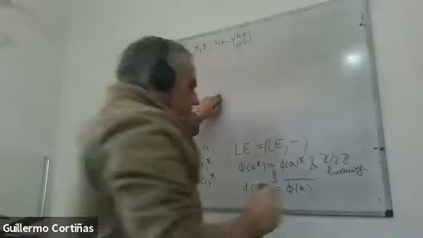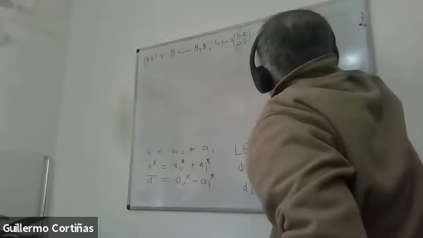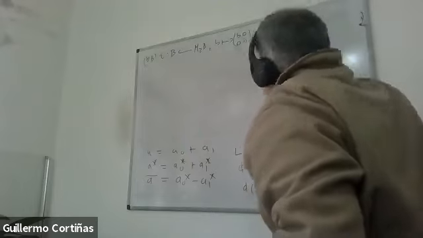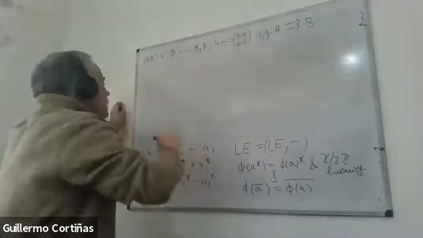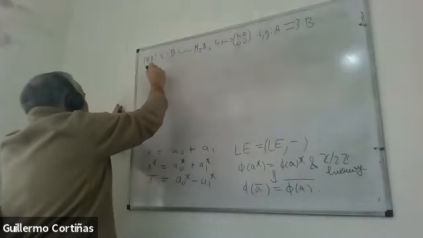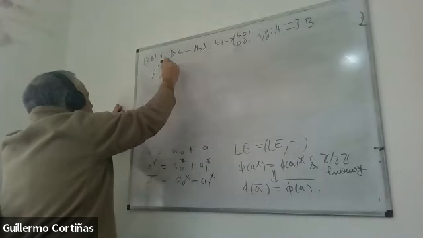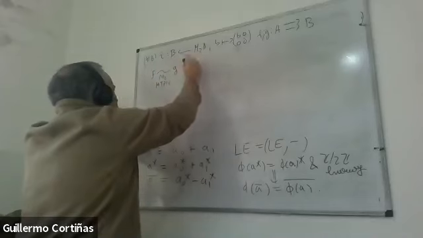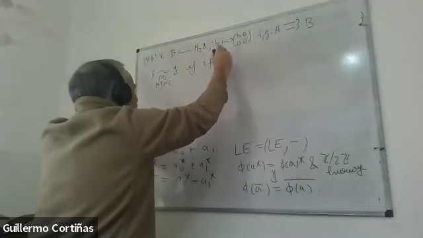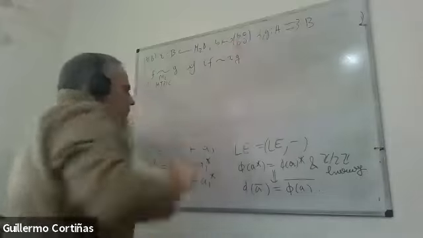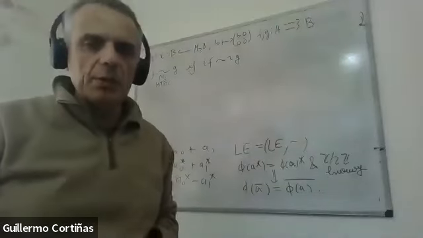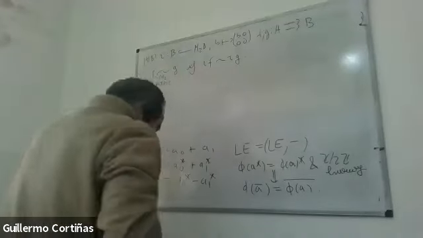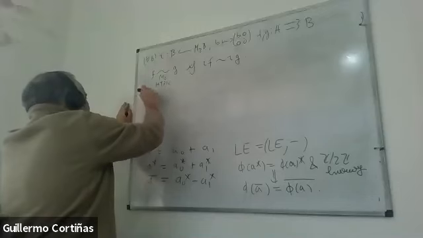And if I have two homomorphisms from A to B, I will say that F is M2 homotopic to G if iota F is homotopic to iota G. And when I write homotopic, I mean polynomially homotopic, or if you want, A1 homotopic.